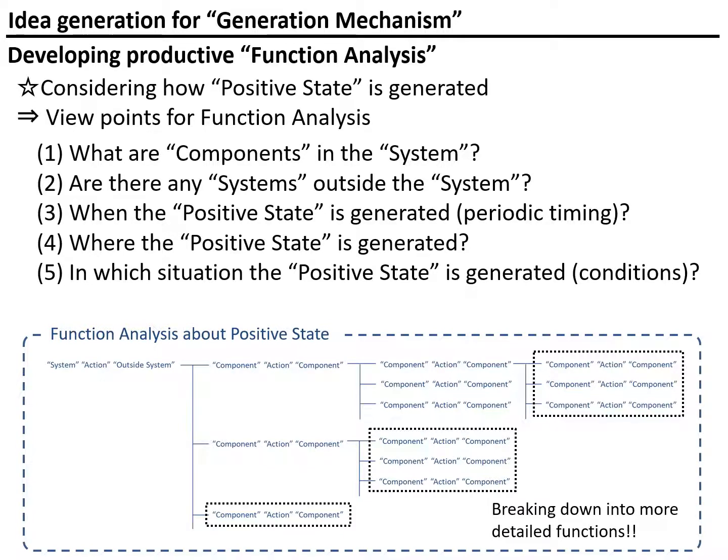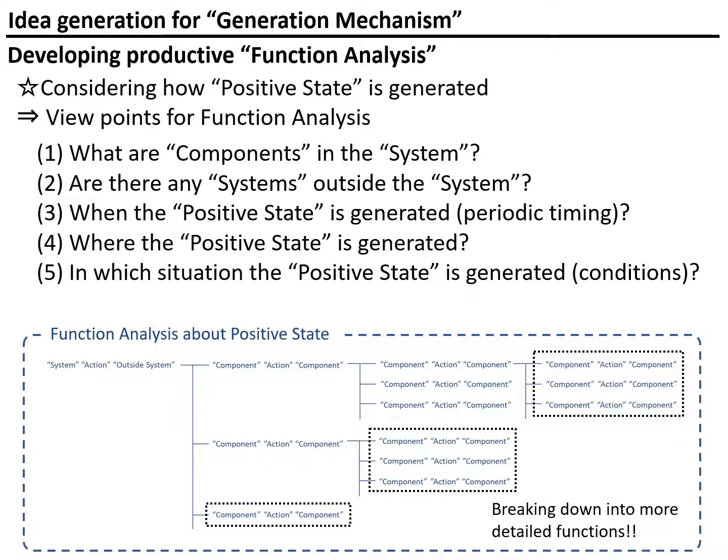So you need to think about what are the components in the system. You should think about what kind of components compose the system. The second thing you need to think about is, are there any systems outside the system? There could be a system located outside of your system, influenced by the system.